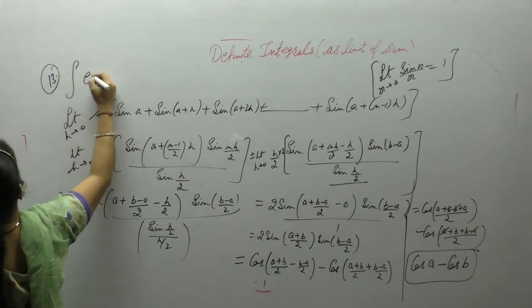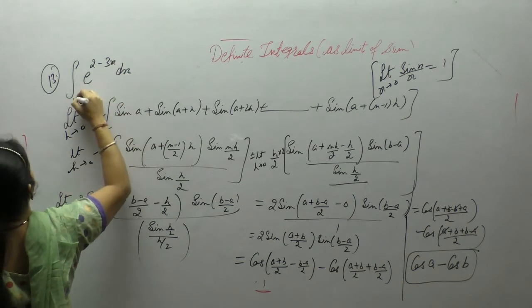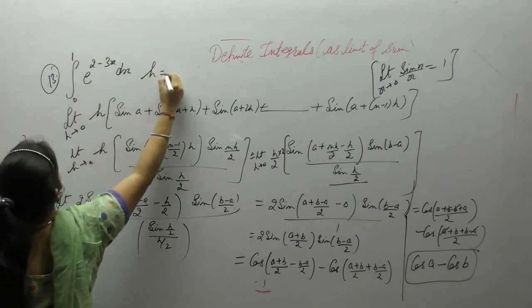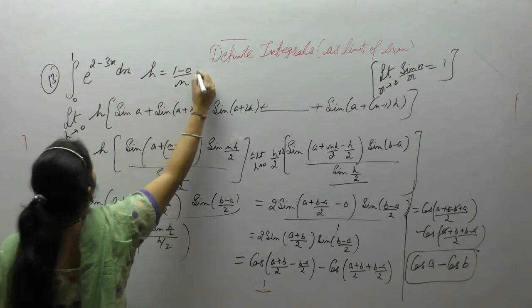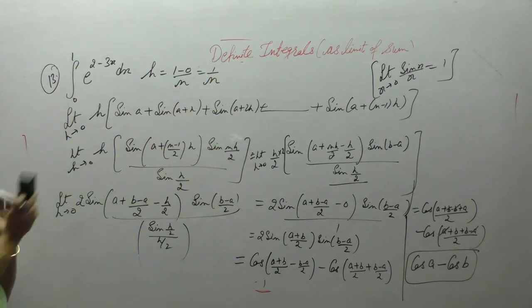Next is integral of e power 2 minus 3x dx. Limit goes from 0 to 1. h is b minus a upon n. Now apply the formula.